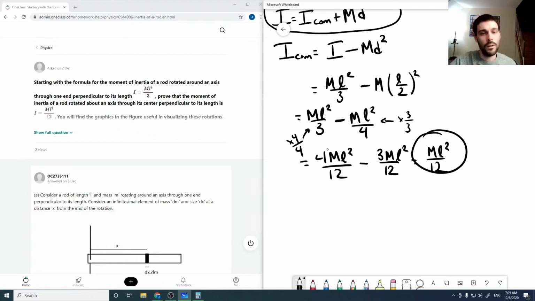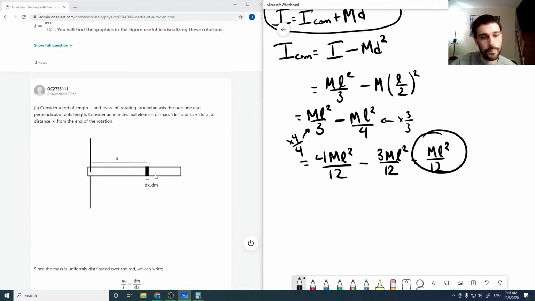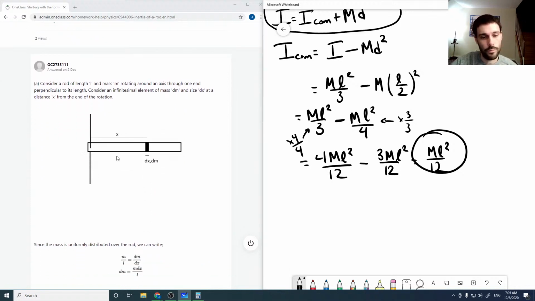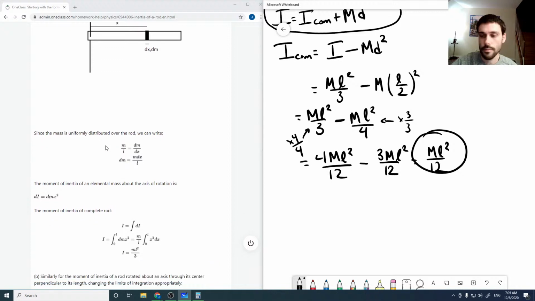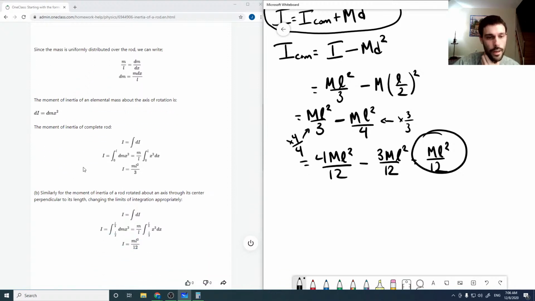Okay. So the solution here does the normal thing and sums up little dm's. So that's handy as well. We can define our dm and go through and find the moment of inertia as the integral of dm r squared.